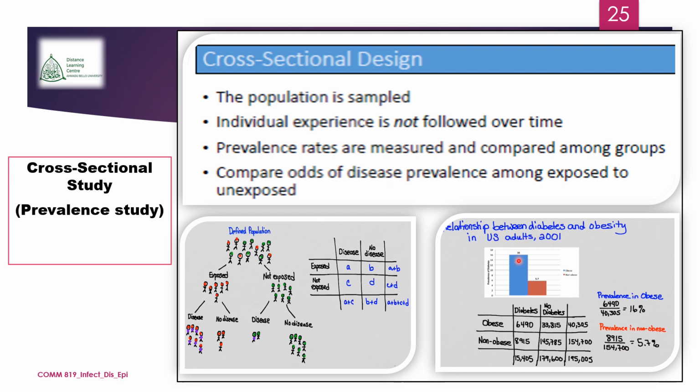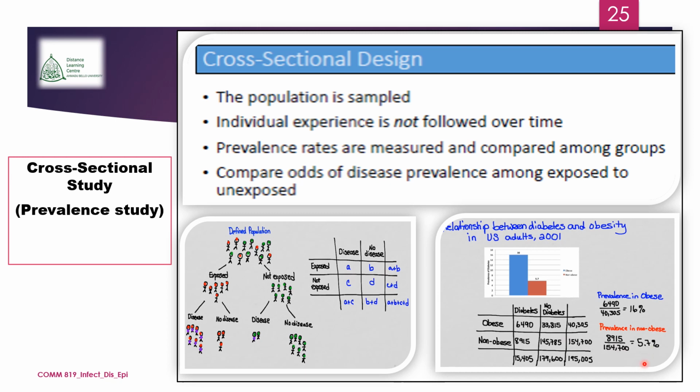with diabetes. But to actually come up with that association, you have to do what we call prevalence odds ratio. Okay, prevalence odds ratio will give you the degree of association. So simply it is prevalence in obese divided by prevalence in non-obese. So it will be 16 divided by 5.7, and it will almost be 3.